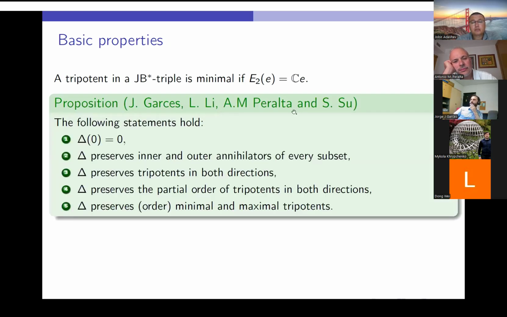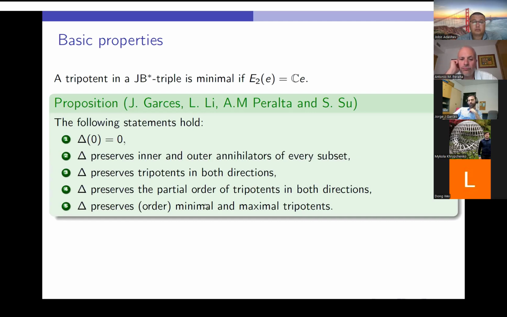Okay. So we have these general properties for truncation preservers of triple products in both directions. They send 0 to 0. They preserve outer and inner annihilators. They preserve tripotents in both directions. And moreover, they preserve the partial order of tripotents in both directions. And as a consequence, they preserve order minimal and maximal tripotents.